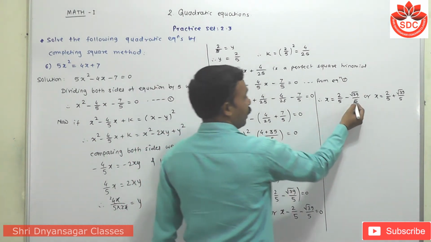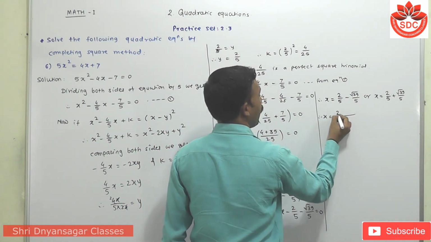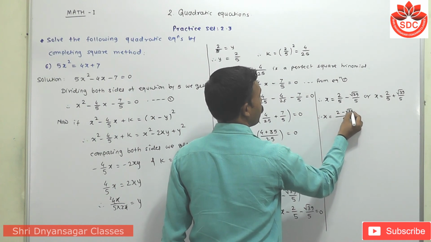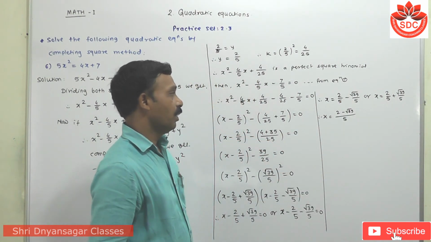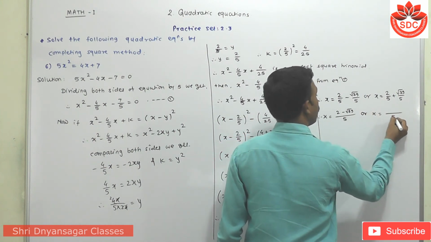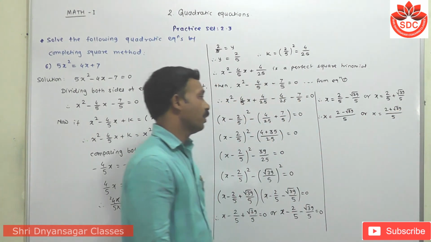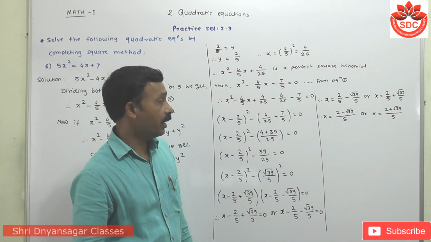Then here the denominator is the same, so the LCM is 5. We have to add or subtract the numerators. This is the solution of the given quadratic equation.